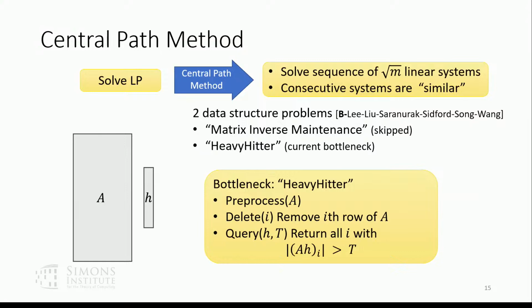All I want to know is which entries of this matrix vector product are larger than the threshold. I don't care about the small entries of this product. And it's slightly dynamic in that we want to have some kind of delete operation where we can remove one of these rows of matrix A. If you can solve this efficiently, then you're actually going to improve linear program solving as well.